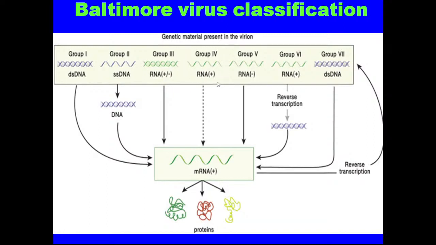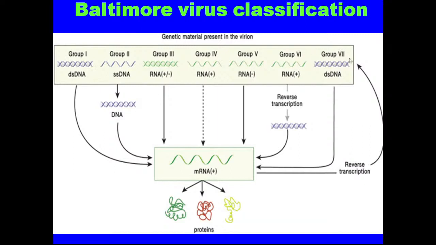Group 4 is for positive sense RNA viruses, where the RNA can be recognized as mRNA. And group 5 is for negative polarity RNAs. Apart from these DNA and RNA viruses, we have 2 more groups. One group is for RNA viruses like HIV that may perform reverse transcription, and DNA viruses like hepatitis B virus that also may perform reverse transcription.